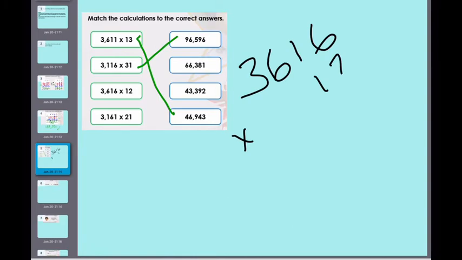Super job, welcome back. I'm going to split my board into half. I'm going to do this question this side and this question this side to work out which one is the largest. So 5,113 multiplied by 14.